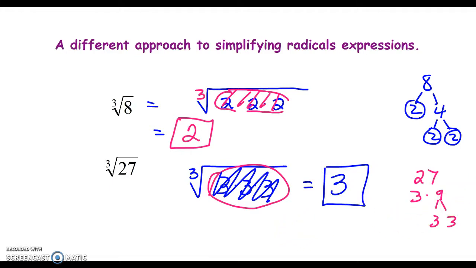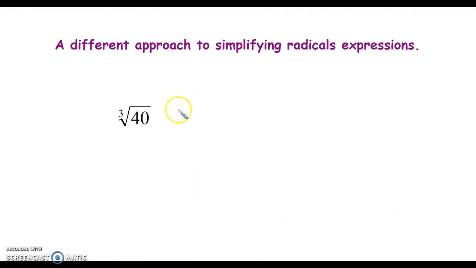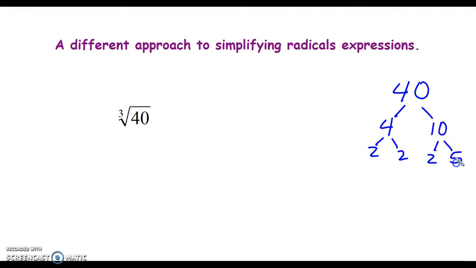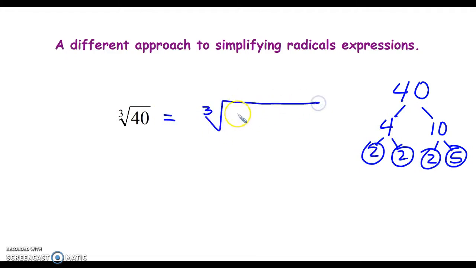let's try a more difficult problem. The cube root of 40. All right, well, let's take 40 down to its prime factorization. I know that's 4 times 10. 4 is 2 times 2, and 10 is 2 times 5. There's your prime factors. So we can say this is the cube root of 2 times 2 times 2 times 5.